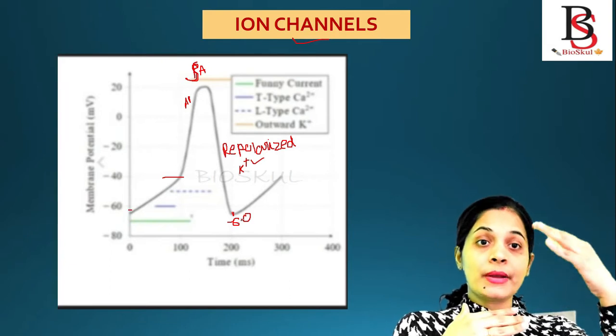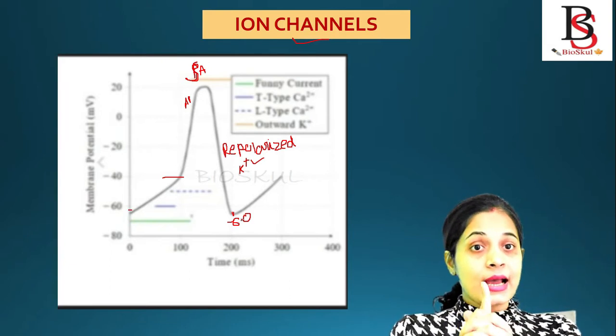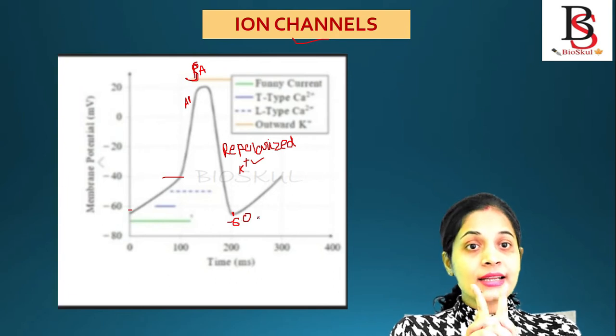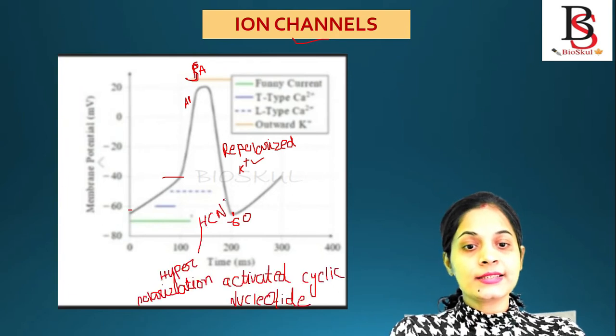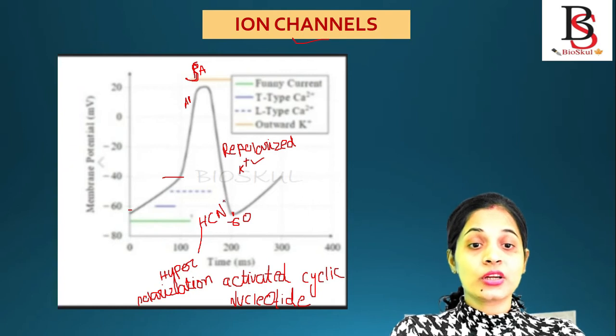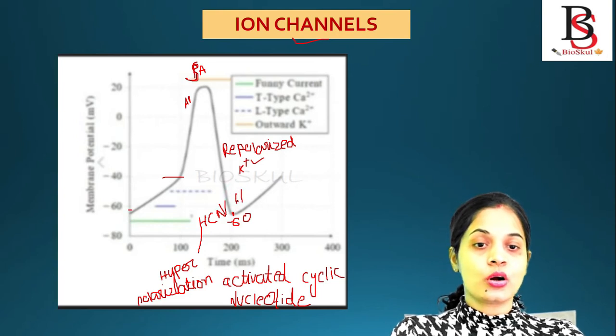So to reach the pacemaker potential, one channel gets opened. That channel is known as the HCN channel, the hyperpolarization activated cyclic nucleotide gated channel. It is also called the H channel.